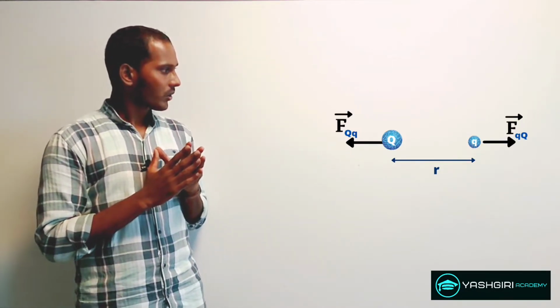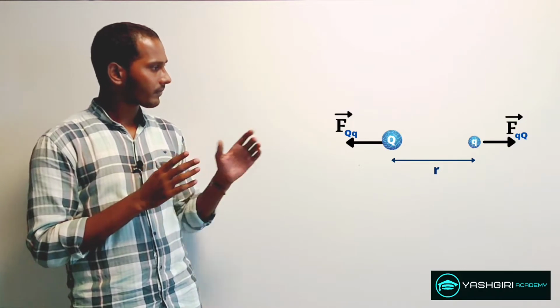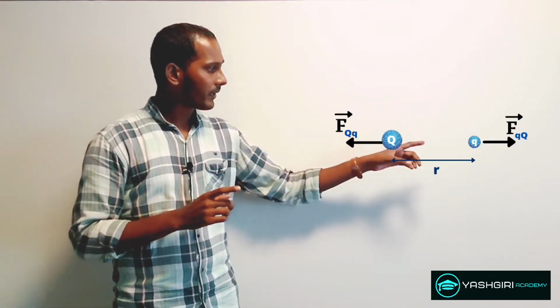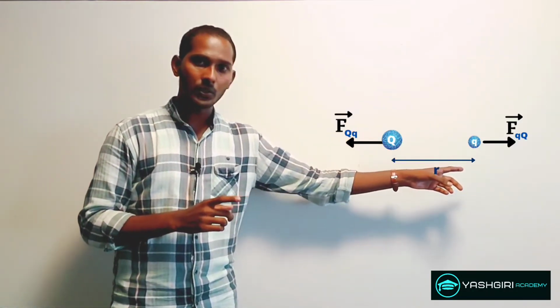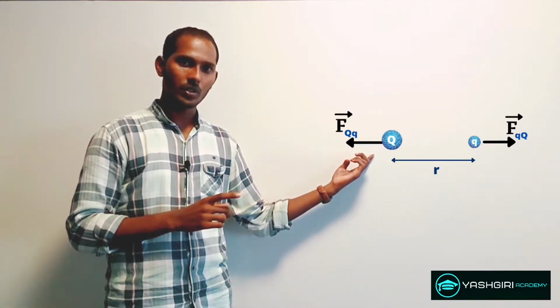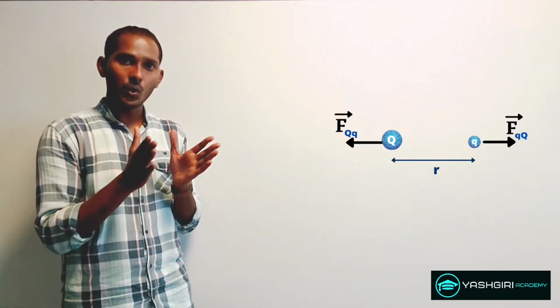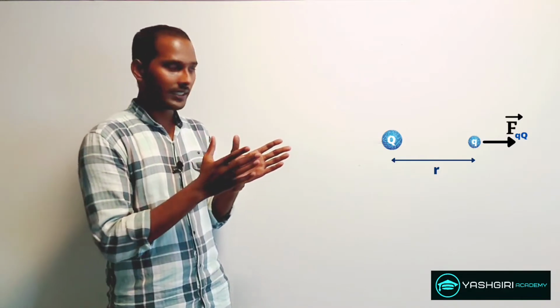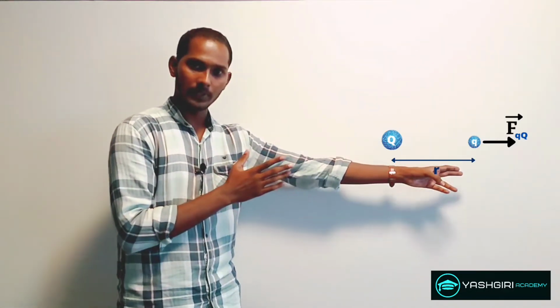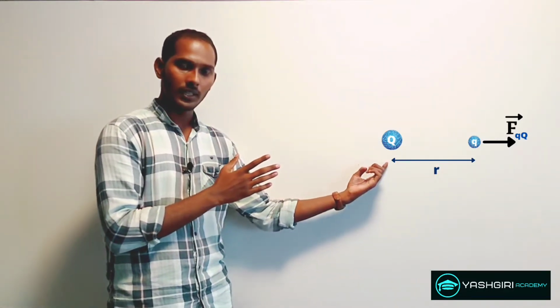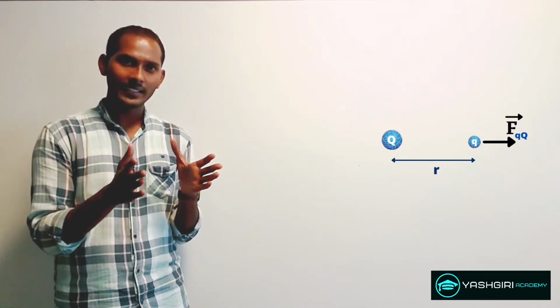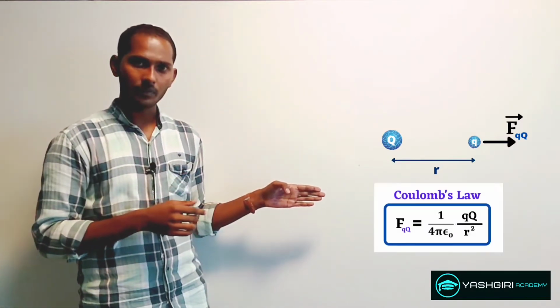So, let me take the force that is experienced by the charge small q due to this charge capital Q. If I want to know this force, I can easily get it with the help of Coulomb's law.